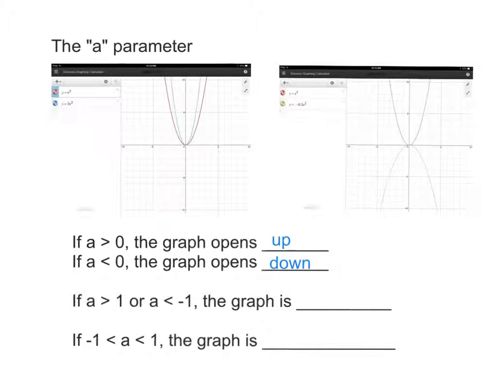That's the easiest thing to tell from the a value. If it's positive, it's going to open up. If it's negative, it's going to open down. But also this: if a is greater than 1 or less than -1, so like this one where a is 2, that's greater than 1, or if it was -2, -3, -4, the graph is narrow compared to y equals x squared.